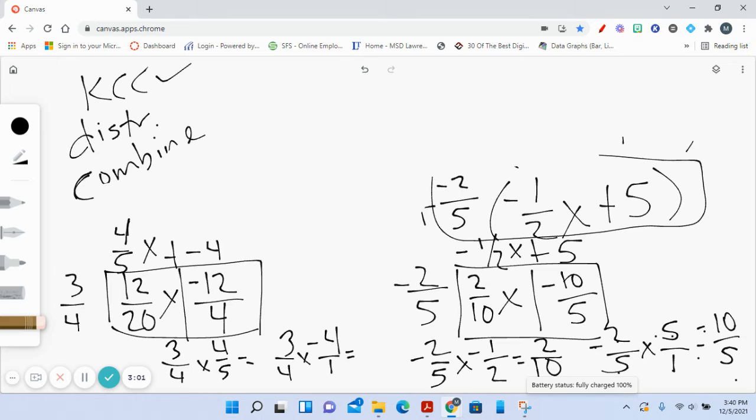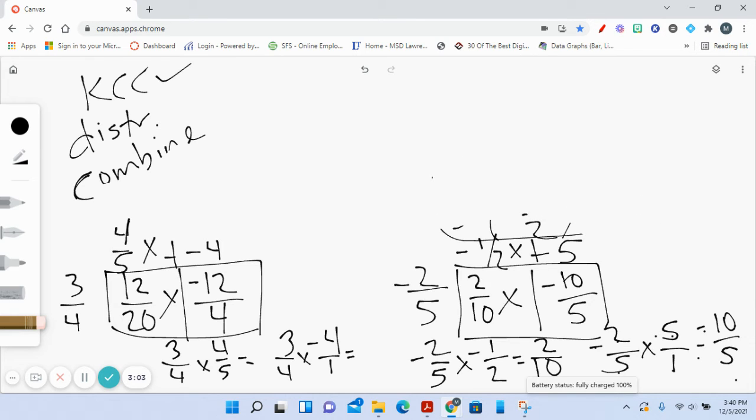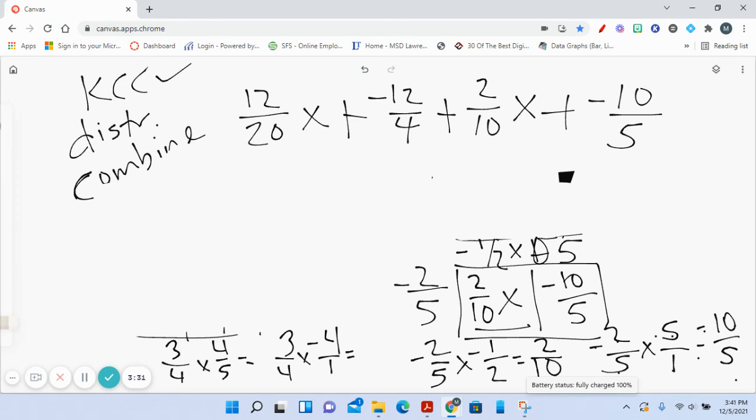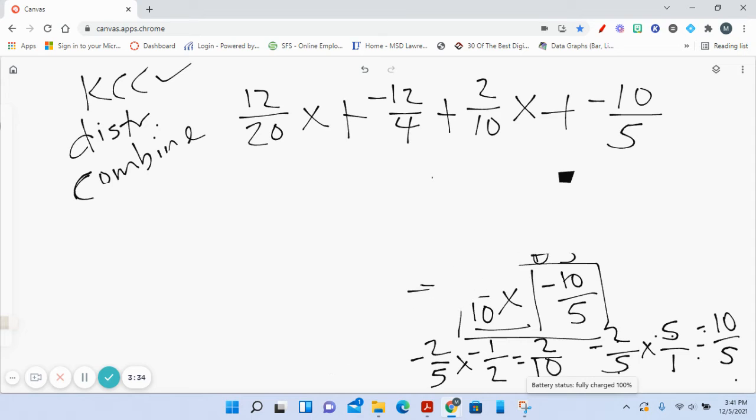All right, let's clear some space here and go ahead and rewrite this so we can start combining our like terms. So we have 12 over 20x plus, because remember, everything's connected with addition, -12 over 4 plus, over here, our 2 over 10x plus our -10 over 5. All right, get rid of some of this so we have more room.